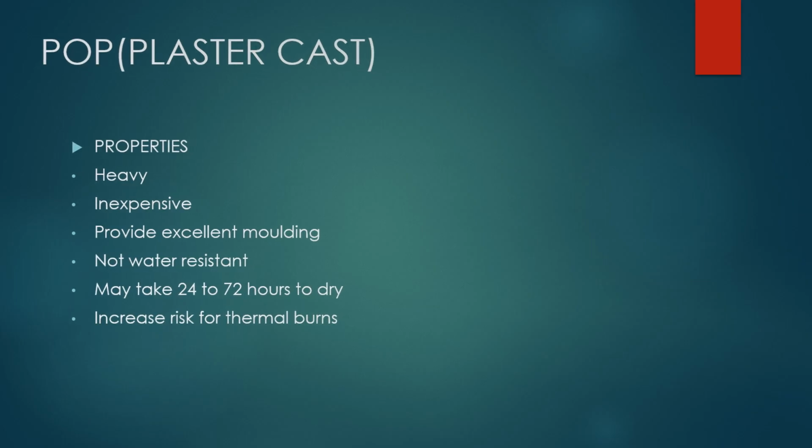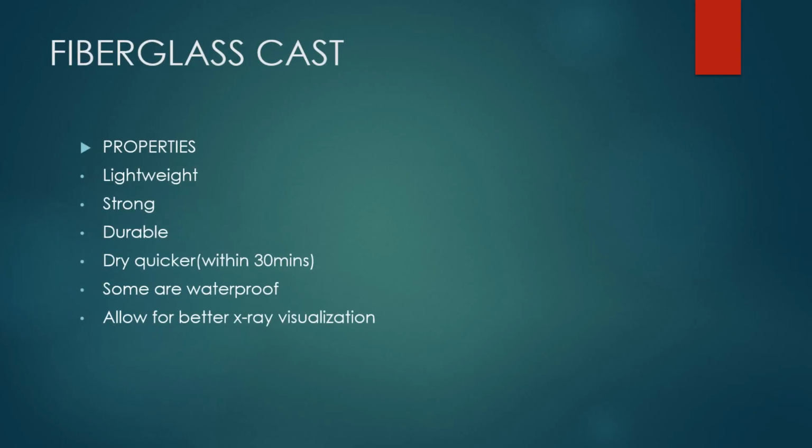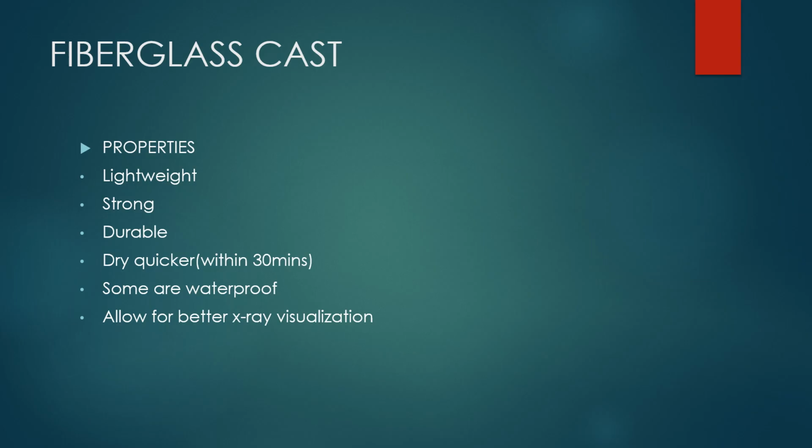So let's look at the fiberglass cast. The properties are mostly the opposite of the plaster cast. So they are light in weight, they are strong, they are durable, and they dry quicker, within 30 minutes, as compared to the plaster cast. Some are waterproof, in contrast to the plaster cast, which is not water resistant.